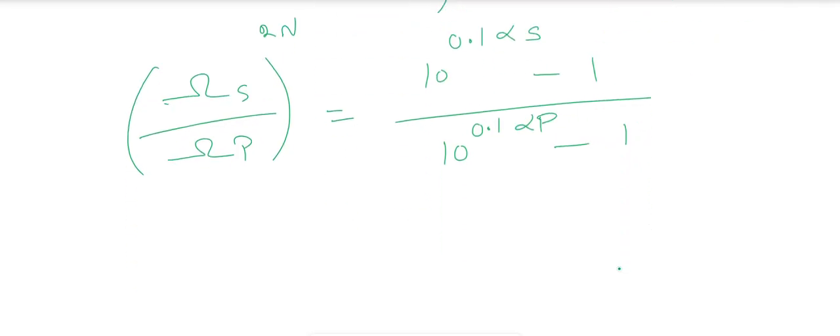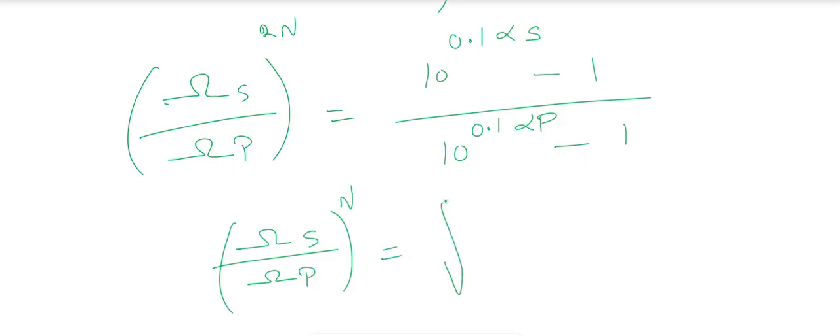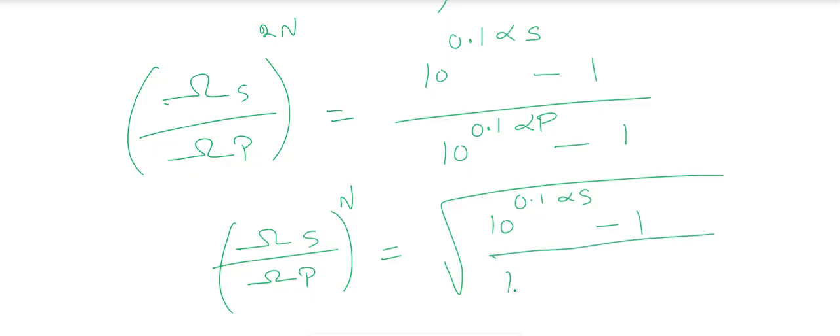Then you can simplify: omega s by omega p to the power n is equal to the square root of 10 to the power 0.1 alpha s minus 1 divided by 10 to the power 0.1 alpha p minus 1.